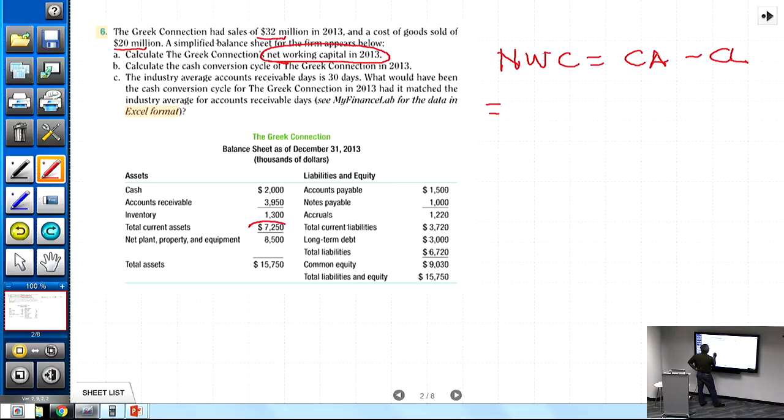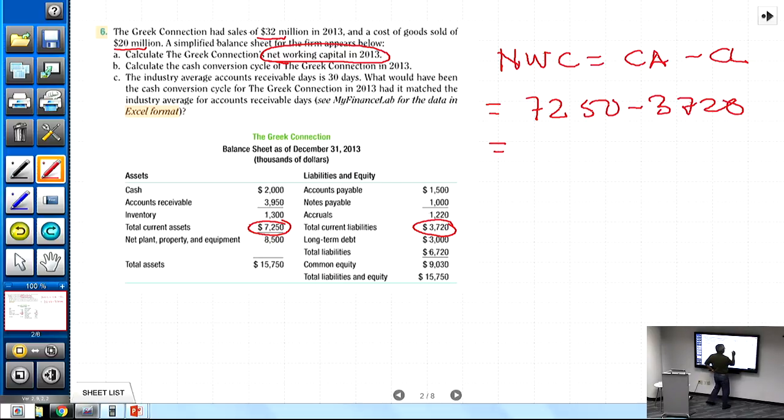Current assets we read off from here, current liabilities we read off from there. 7250 minus 3720. That's 3530. Okay, so that's net working capital.